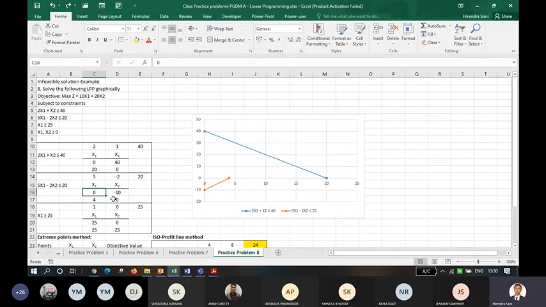x1. So if I say x1 equals to कितना लेंगे हम लोग?